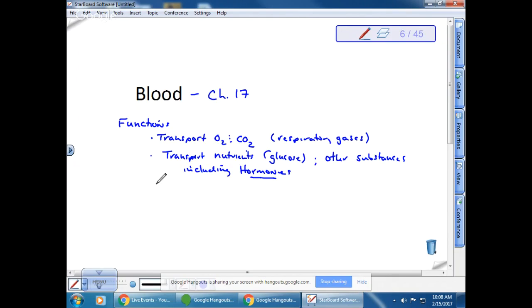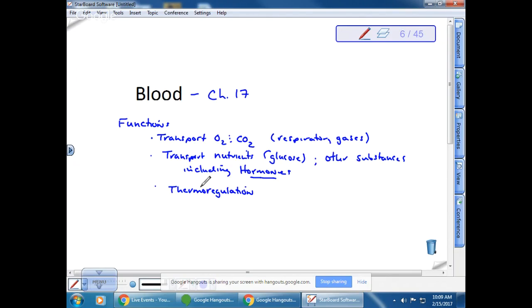Another function of the blood is in thermoregulation. Right? And there's two different ways that this kind of works out. You can send blood out to the fingers, for example, when they're cold, right?